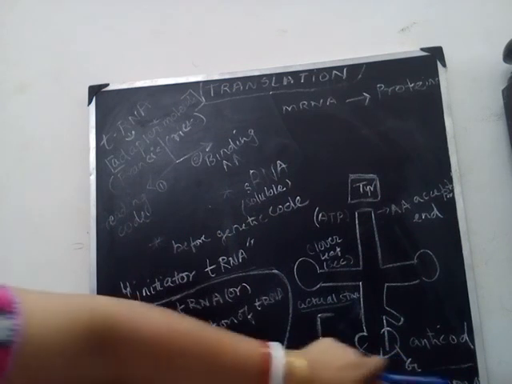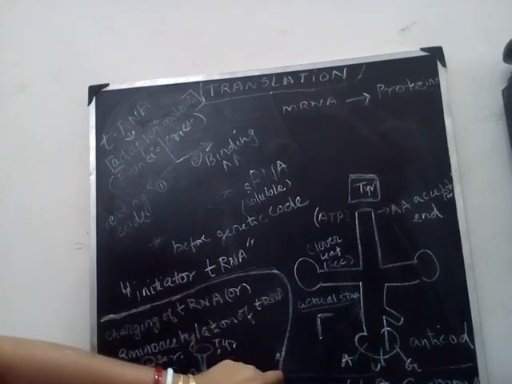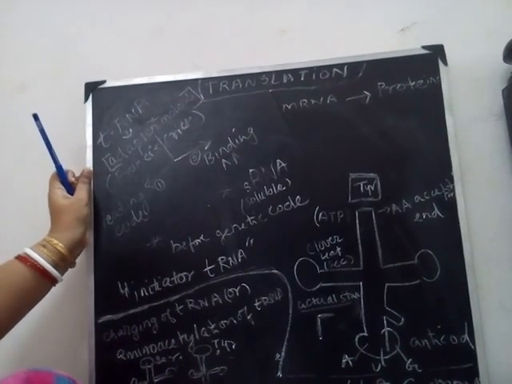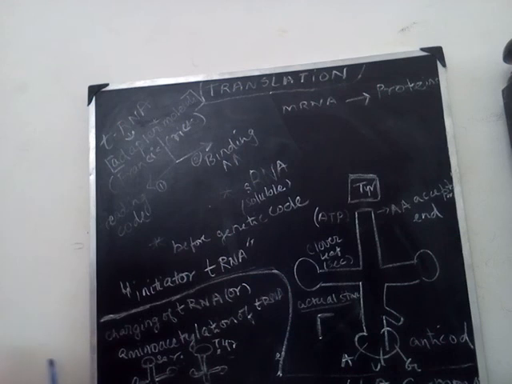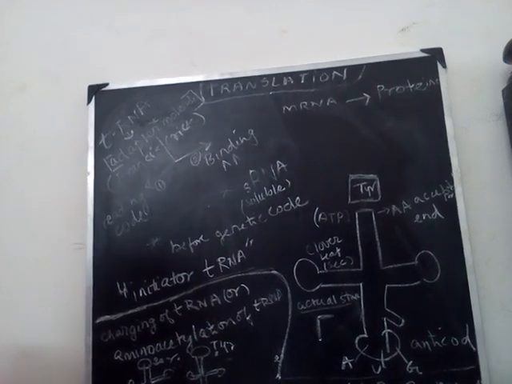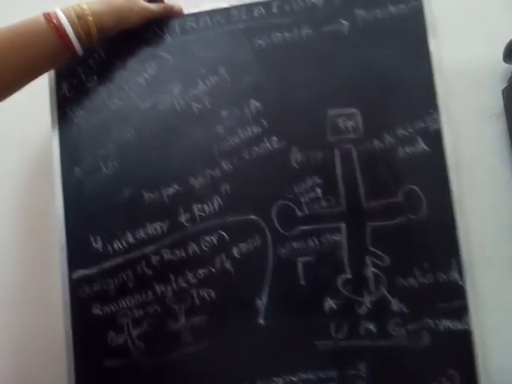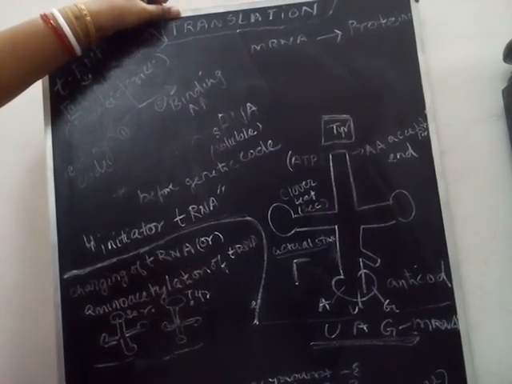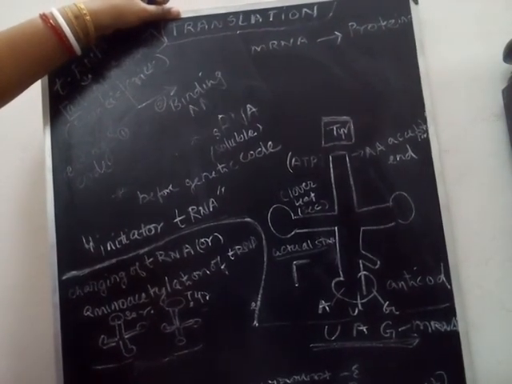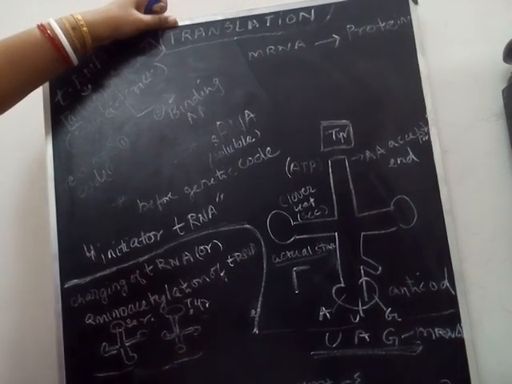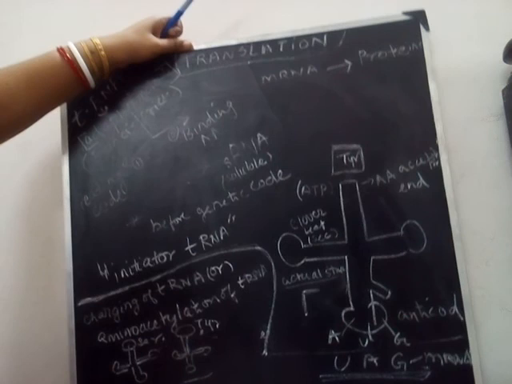So the messenger RNA, which I have drawn down, has the UAG code, which is for tyrosine, and the anticodon is present on the transfer RNA.